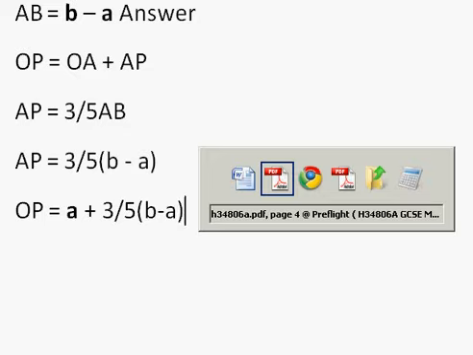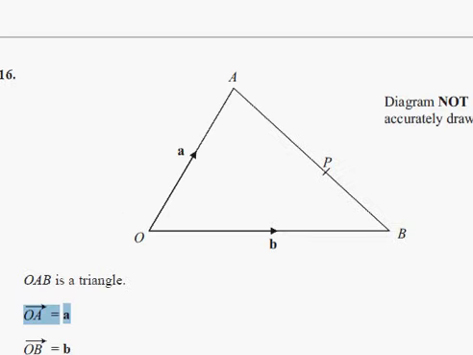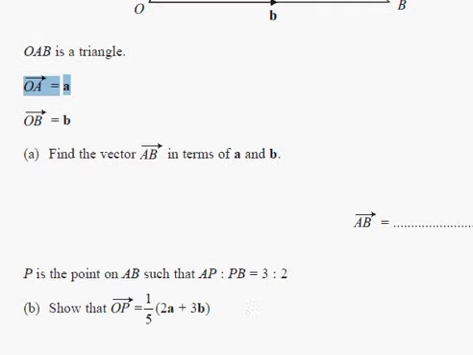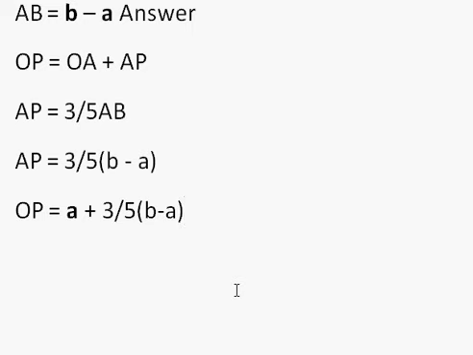Go back to your question. Remember, we have the answer and we're just working towards it. We need 1/5 times 2a plus 3b. I think we're going to do some taking things out of the brackets.